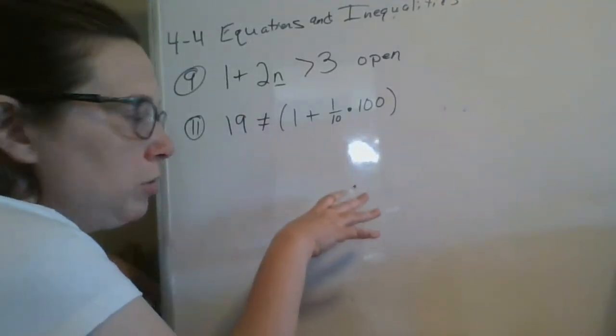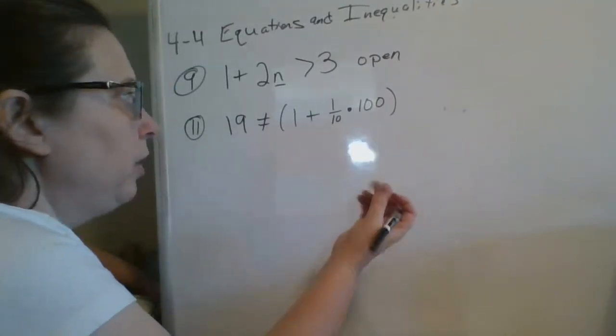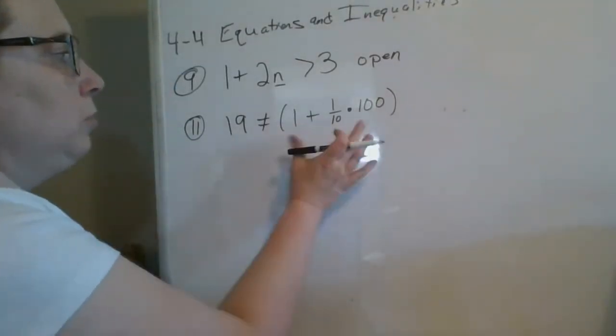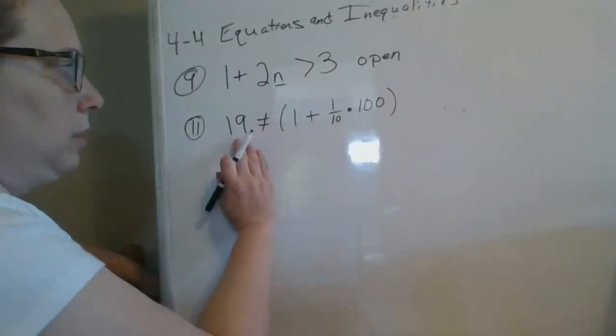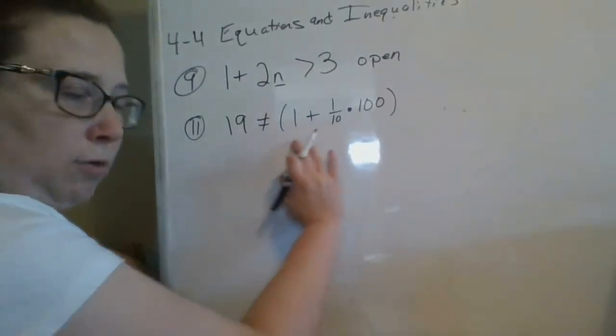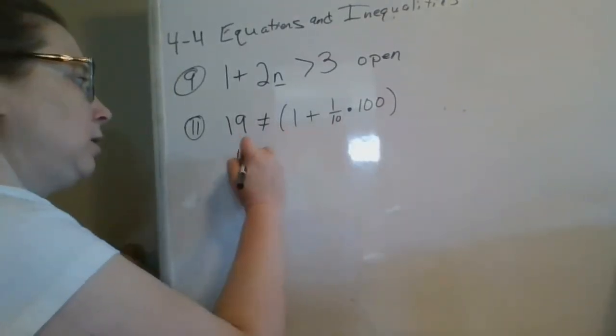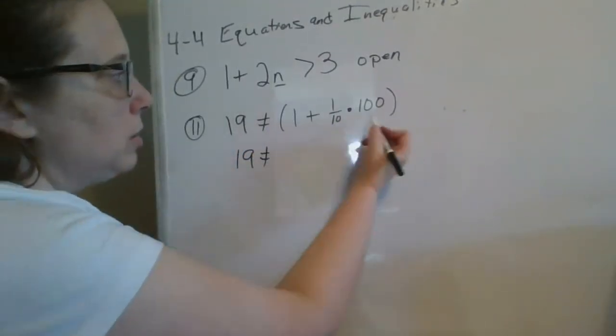We have no variables here, so we can decide now, is this true or not true? If it's true, that would mean that what's on this side is not 19, because it says 19 is not equal to whatever's on this side. So let's solve this out and see what this does equal.